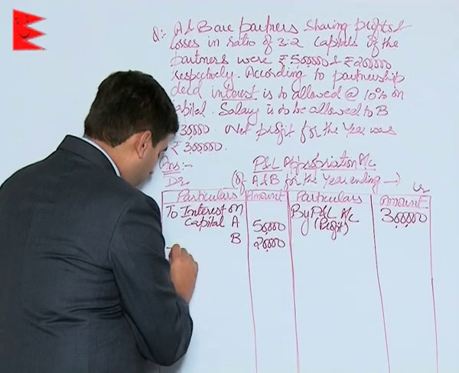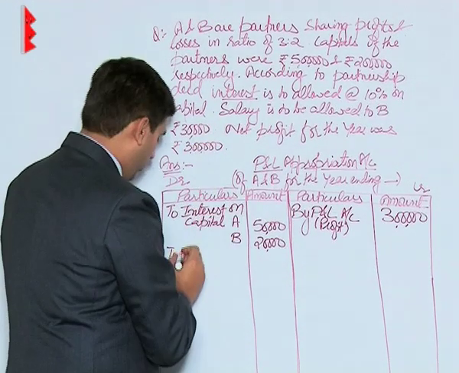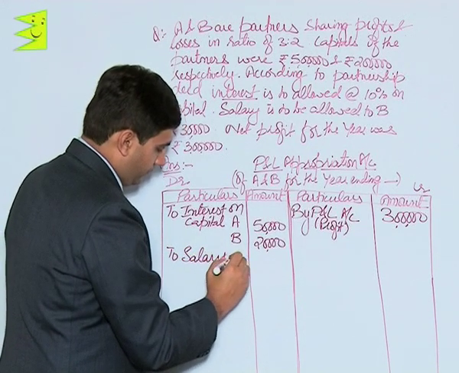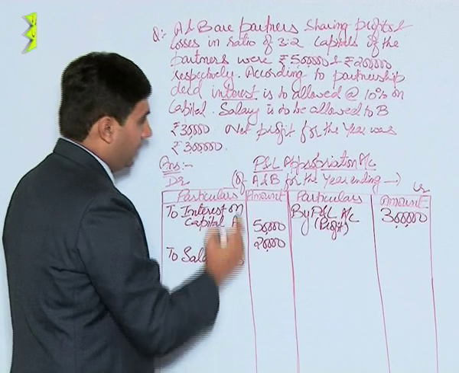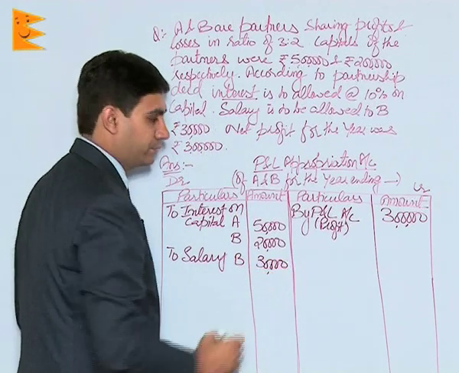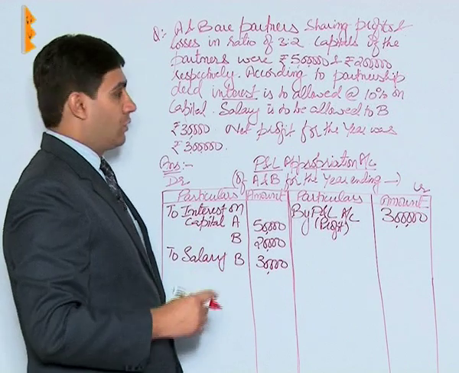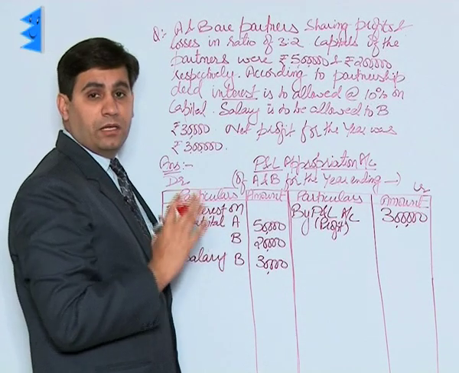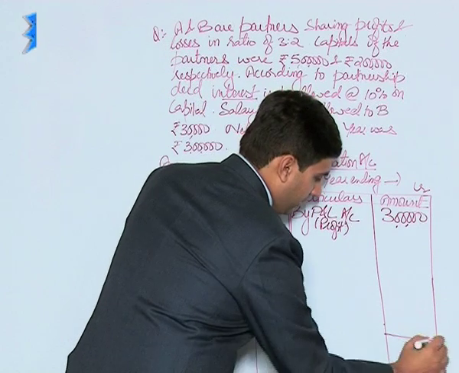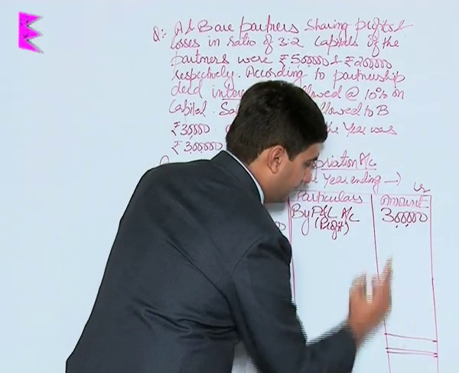Coming to salary also. Salary is to be allowed only for B. Amount is 30,000. Now since every posting has been made here, let us total it out and calculate divisible profits.